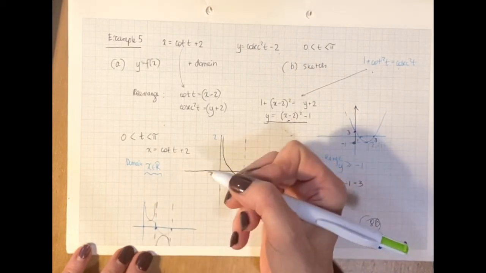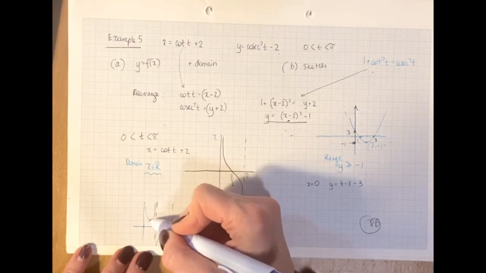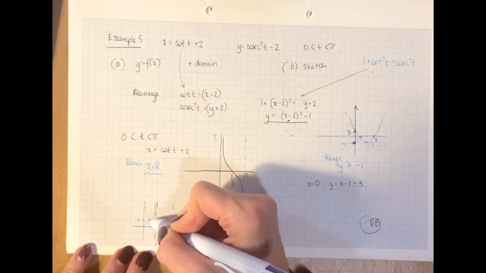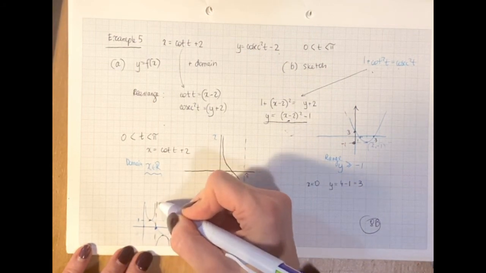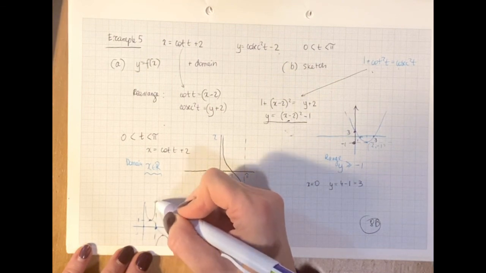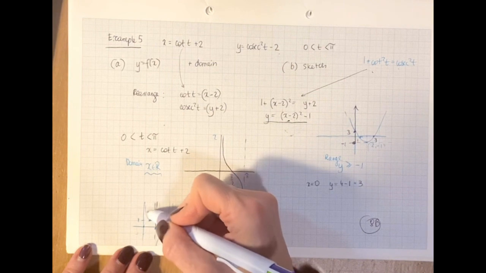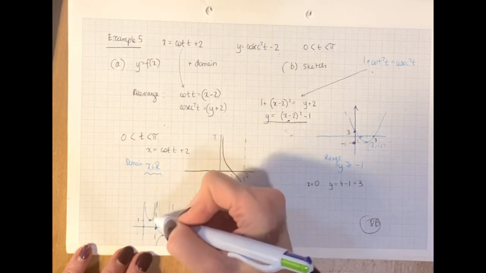Now, if you square it, the point that was at 1 will remain at 1. But that point here that was at minus 1, when you square it, will be flipped over here. So the shape of the remaining part of this curve will slightly change, but it will still go increasingly higher and higher.